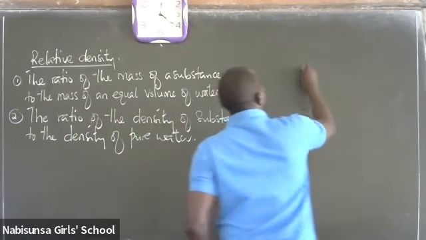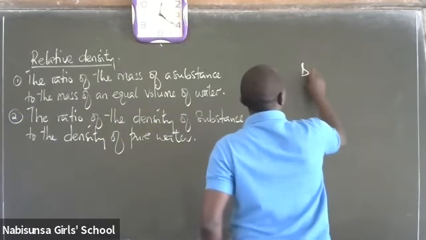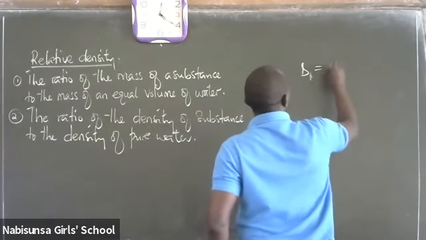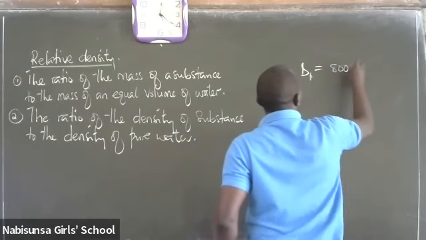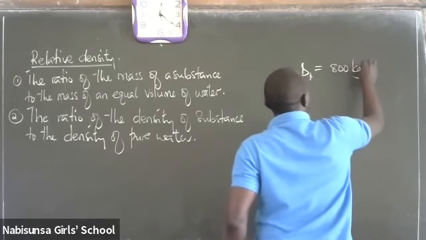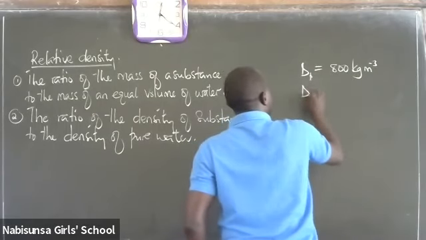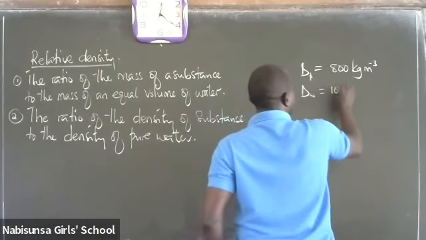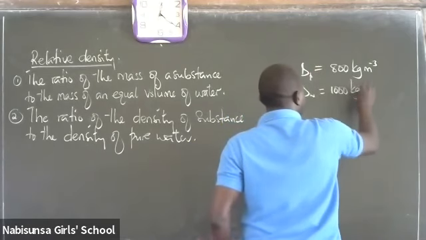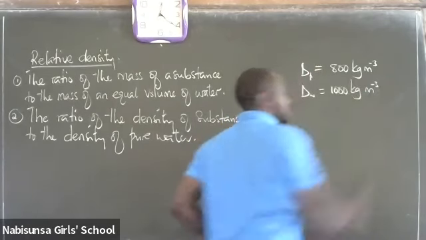Supposing they tell us that the density of paraffin is 800 kilograms per meter cubed, and the density of water is 1,000 kilograms per meter cubed.